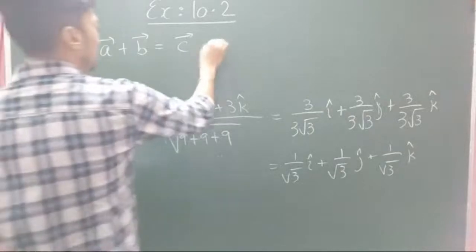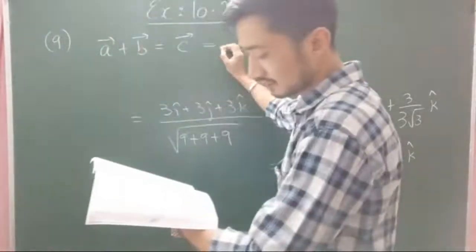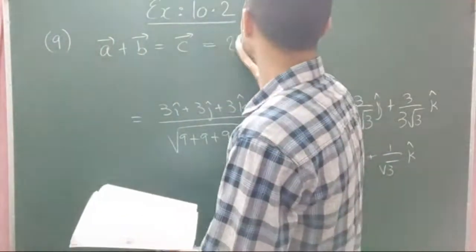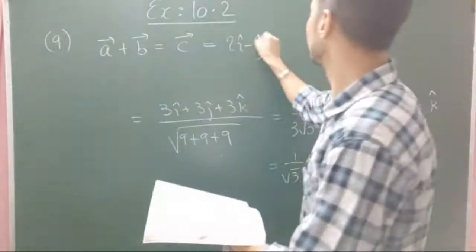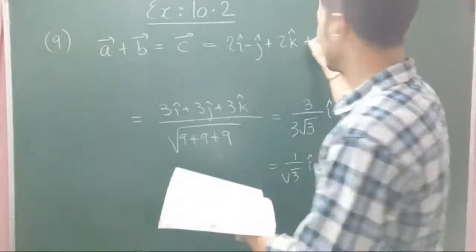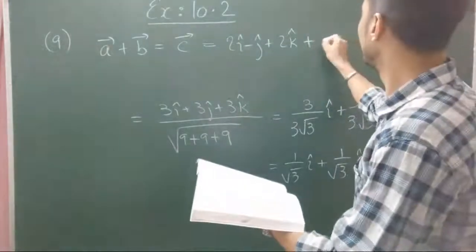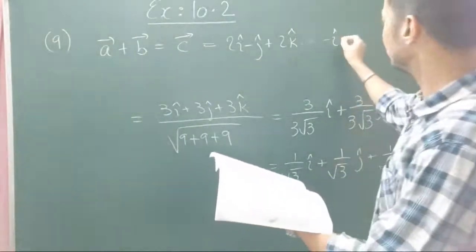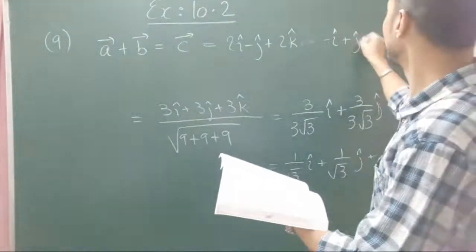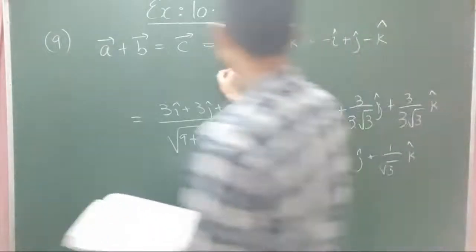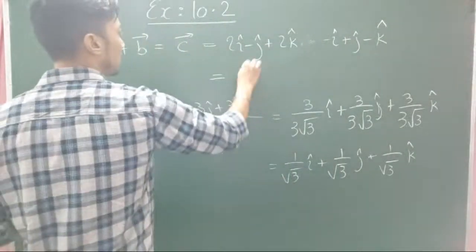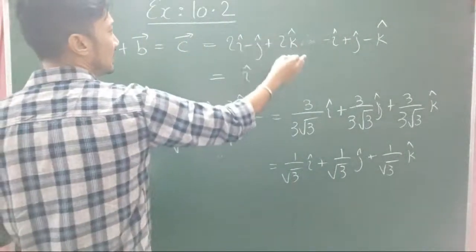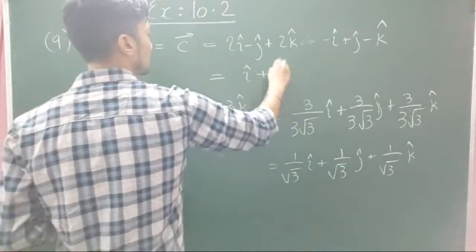So A plus B. Let's add the two vectors, 2i minus j plus 2k plus vector B, minus i plus j minus k. So 2 minus 1 is 1 i, j cancels, plus k cap.